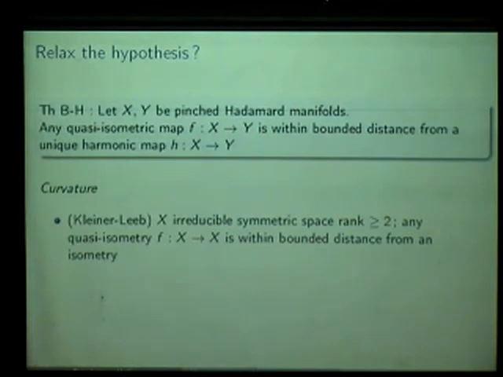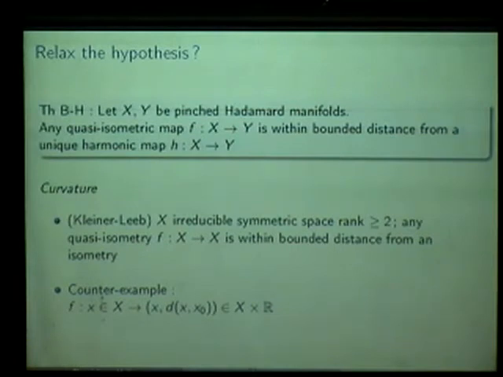So this is partly yes, but partly no, with this simple counterexample. Here X is perhaps a symmetric space with negative curvature, I don't mind. And you consider the map that goes from X to the product of X times the real line. The first factor is the identity map, and the second factor is the distance to a fixed point.